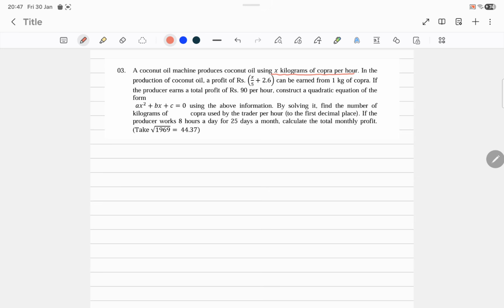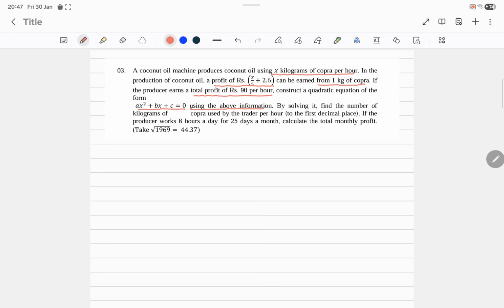In the production of coconut oil, a profit of rupees this amount can be earned from 1 kilogram of copra. If the producer earns a total profit of 90 rupees per hour, construct a quadratic equation of the form given, using the above information. Right.